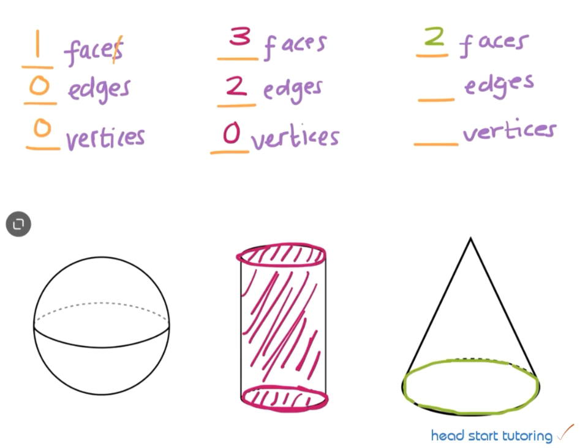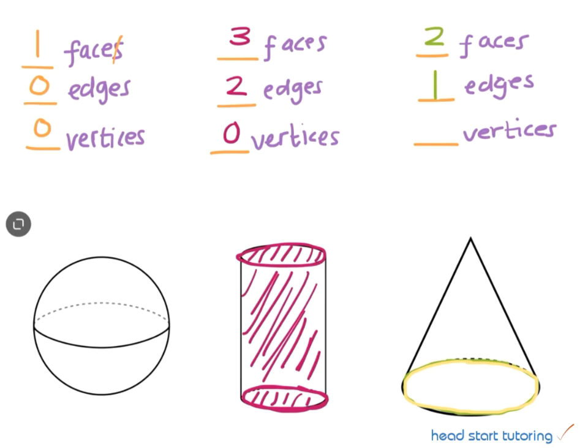So we have got 2 faces altogether in our cone, and we have got 1 edge there. In the same way as with our cylinder, that edge joins our 2 faces together.